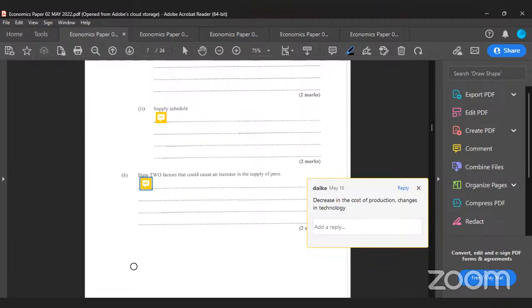So for example, let's say it would cost you 500,000 to produce 500 pens. Now it costs you 250,000 to produce 500 pens. Now you could produce more pens than you were before because your cost of production is low, right?